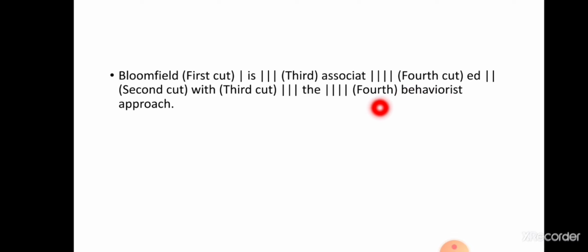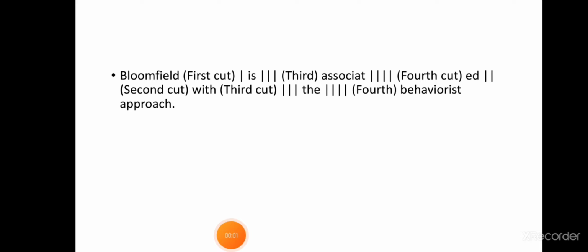So the fourth cut is given at this stage at the noun phrase, and also the suffix is removed from the base form of the verb. After that we have the part of the noun phrase remaining, "behaviorist approach".